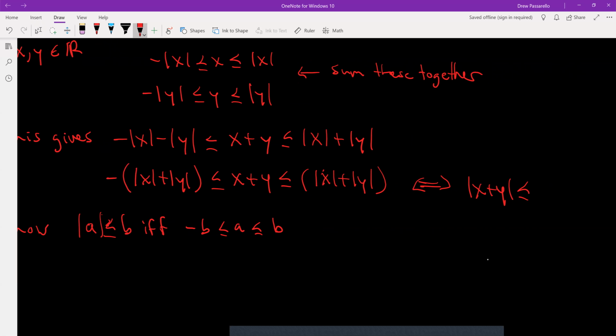This is like my A, and this is like my B. Or that'd be negative B, and this is B. All right, and that's what we're trying to show.